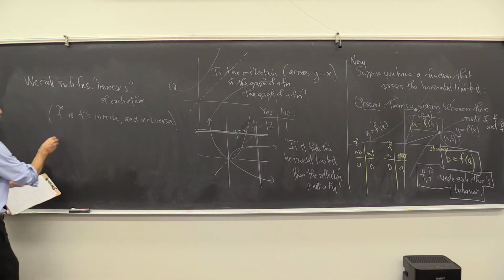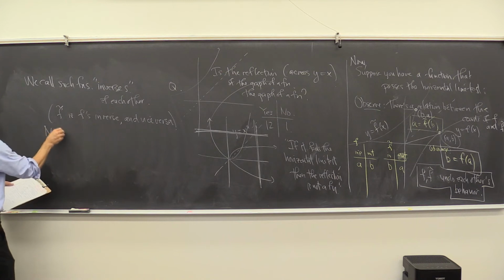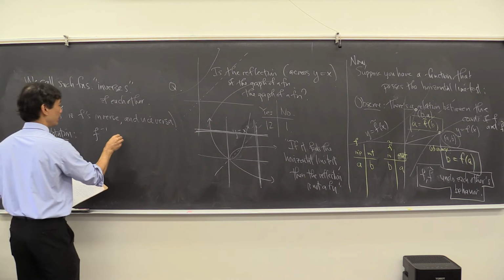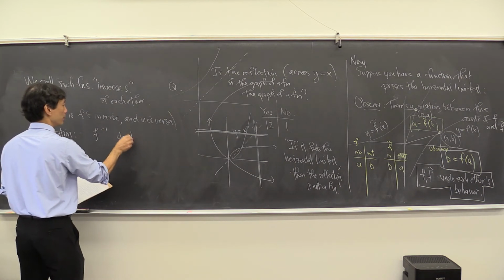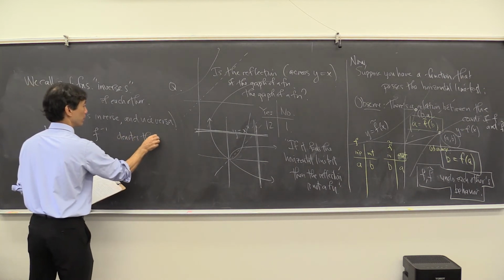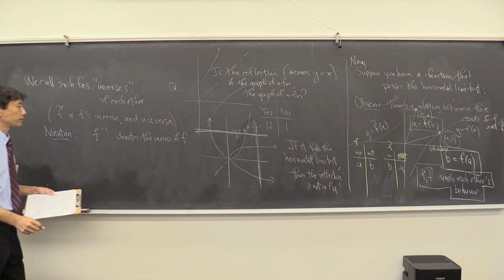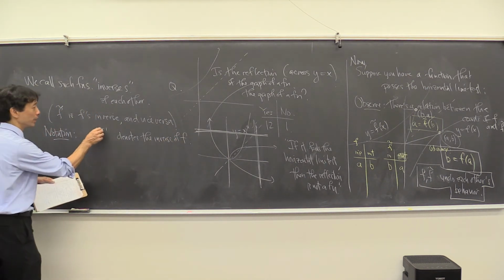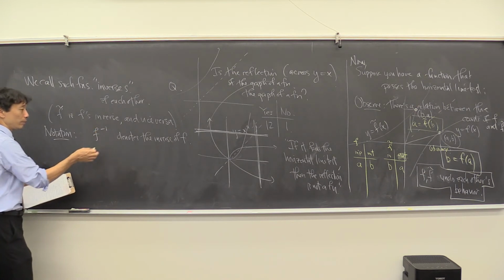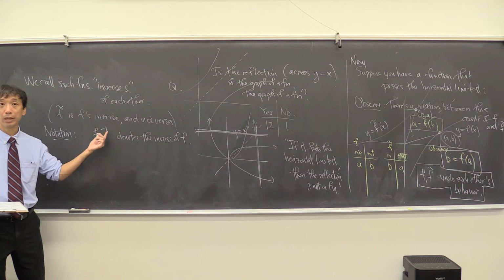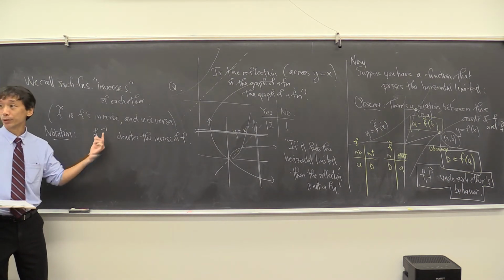Okay, and the notation is, we write this for, this denotes the inverse function. So we put this -1 up here. I know it's confusing. People always mistake this. People always confuse this with 1 over f, the reciprocal.